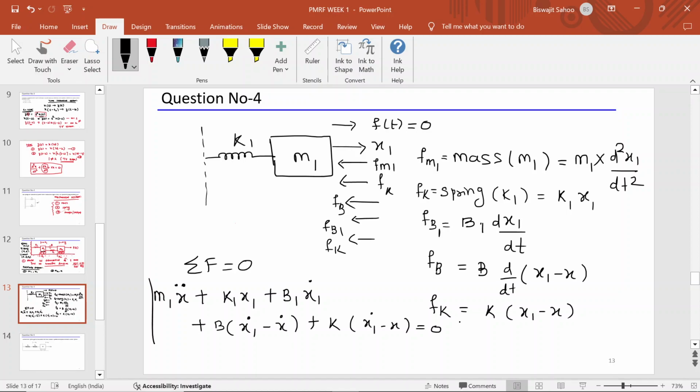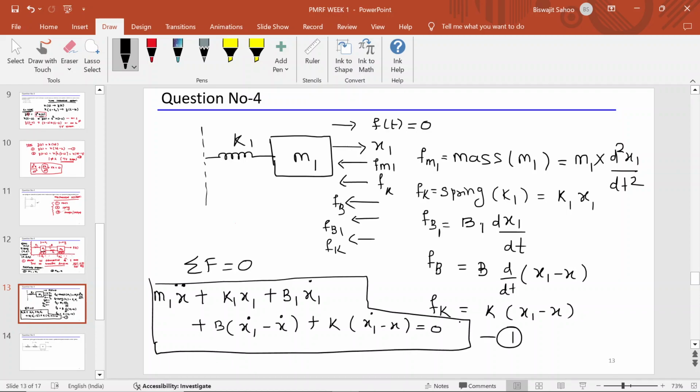So this equation is the first free body diagram equation, equation number 1.